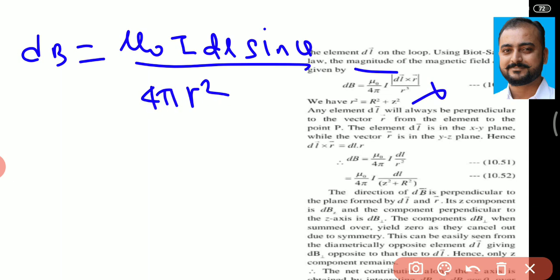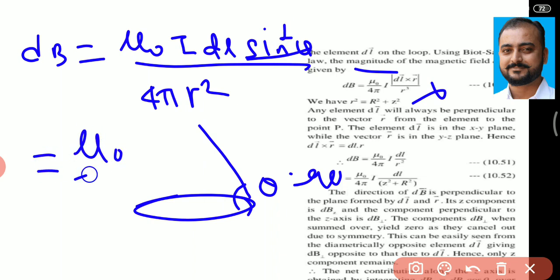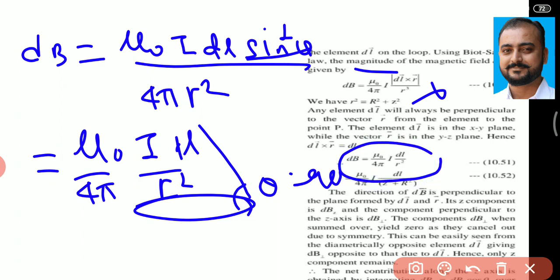As we see here, theta between dl and r is 90 degrees, so sine theta becomes 1. What remains is mu 0 divided by 4 pi, I dl divided by r square. You got your final formula.